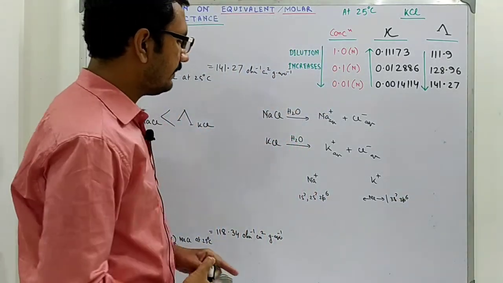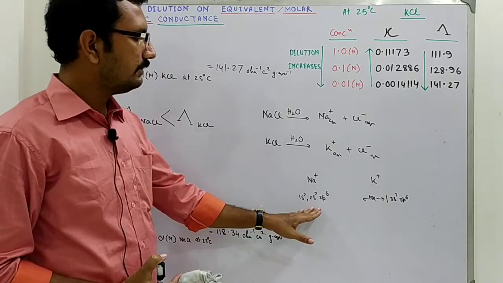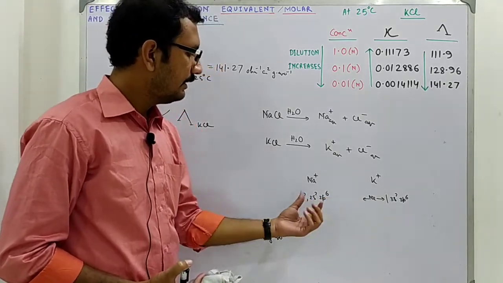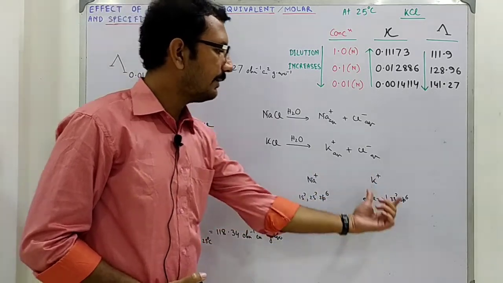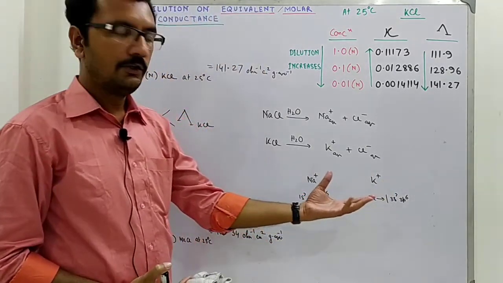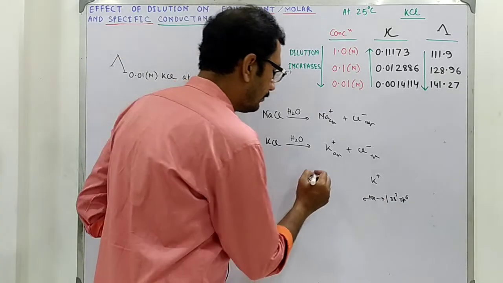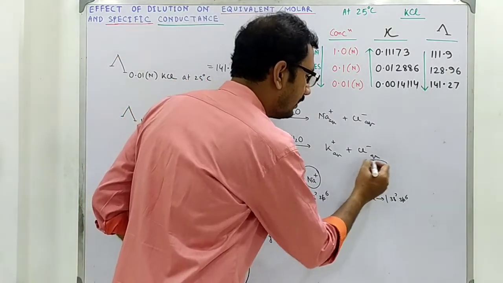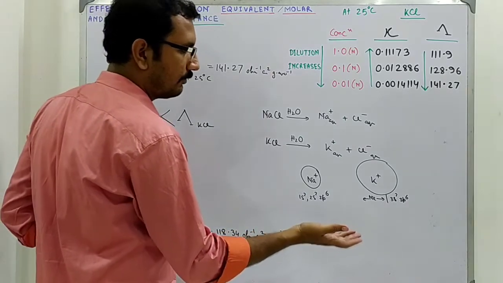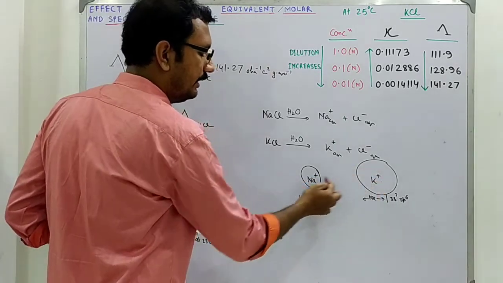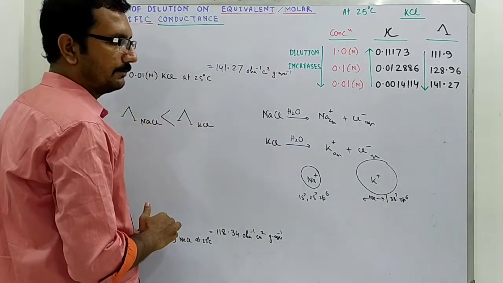So, the valence shells are closed for both the species, but here the valence shell is the second shell and here the valence shell is the third shell. So, sodium plus will be smaller in size compared to potassium. So, the radius of potassium ion will be greater than sodium ion.